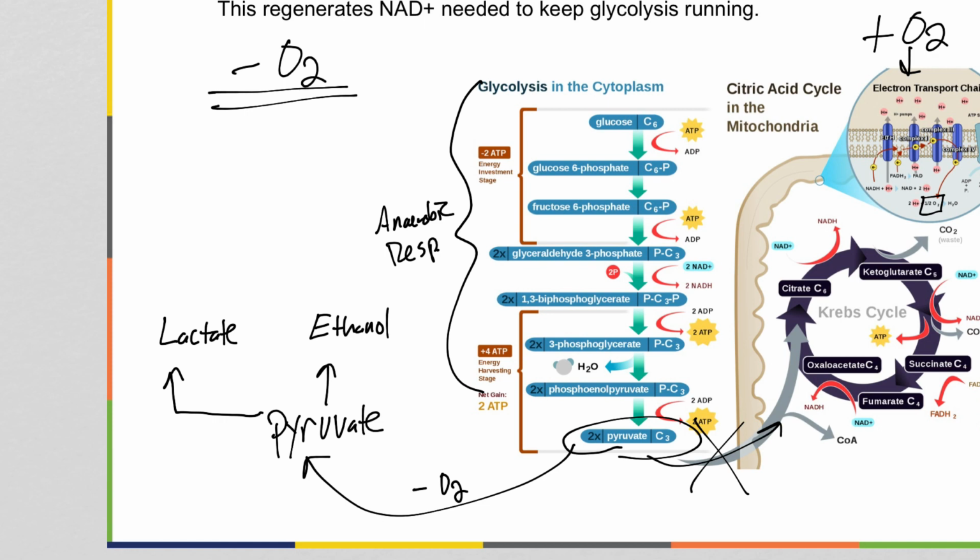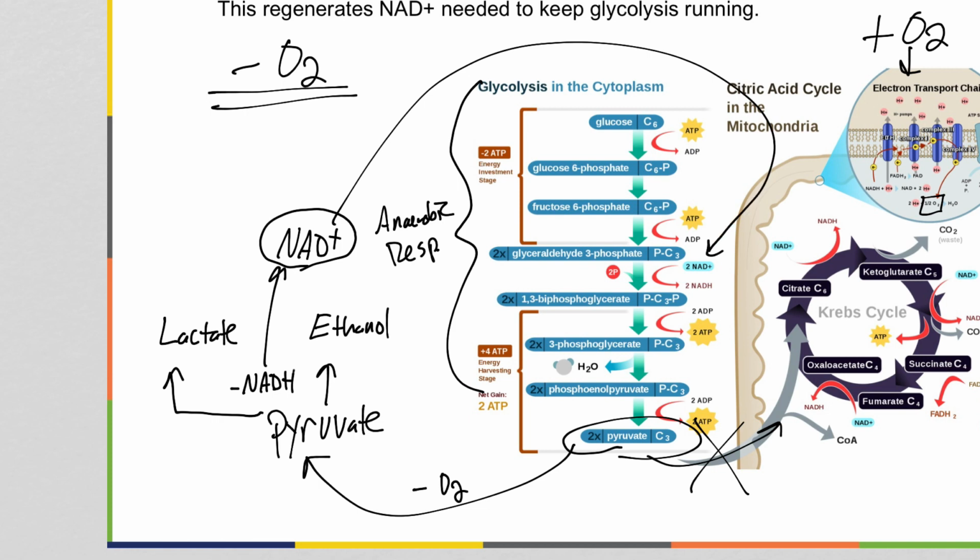So in this process, there's one other important thing that happens. In order to convert pyruvate into either lactate or ethanol, you need to use an NADH, and that NADH gets converted back into NAD+. That sounds like it's going to be a bad thing, but it's actually a good thing, because remember, you need NAD plus as a reactant for glycolysis.